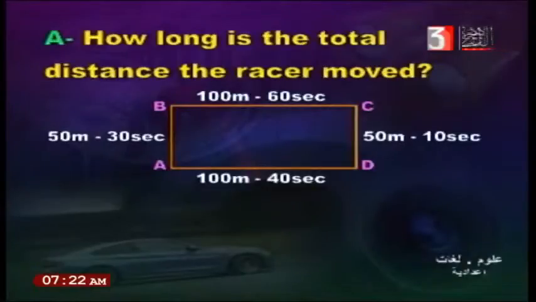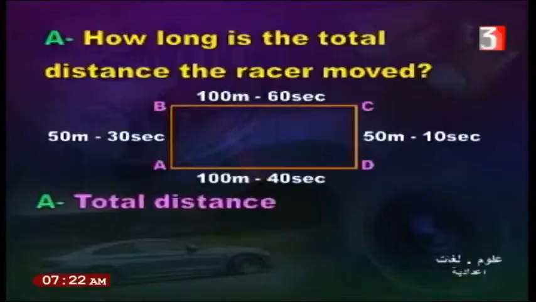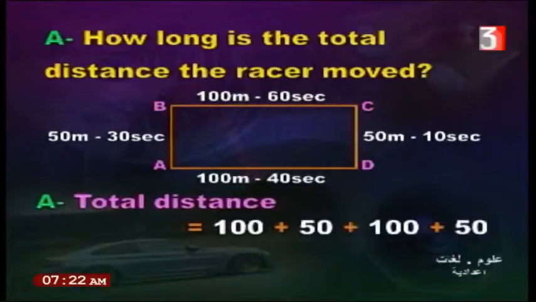So here, total distance is from A to B, from B to C, from C to D, and from D to A. This is new. So here, total distance is 100 plus 50 plus 100 plus 50. So total distance here is 300 meters.